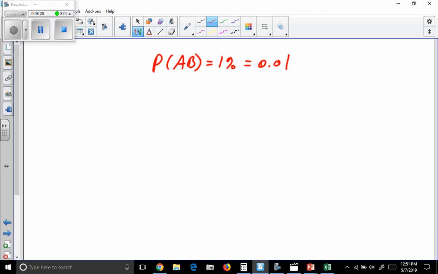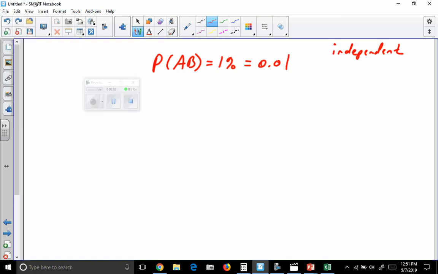So since they're unrelated and we're selecting them at random, these are independent. What we find out about one person does not impact what we know about another person.